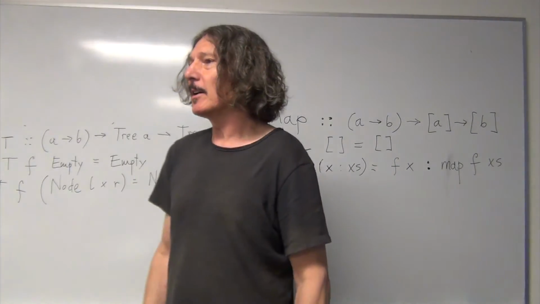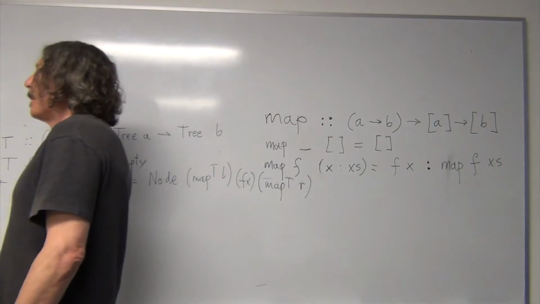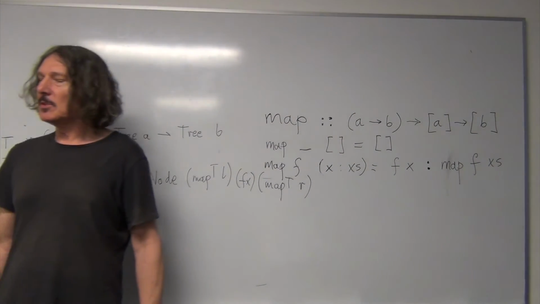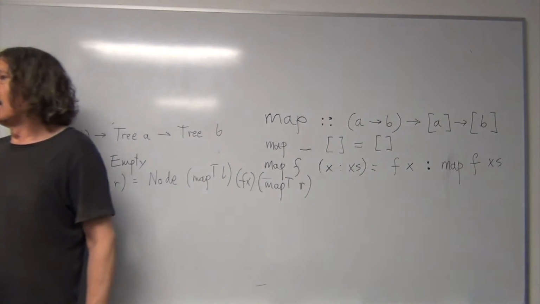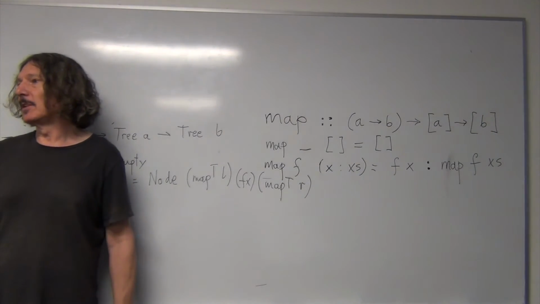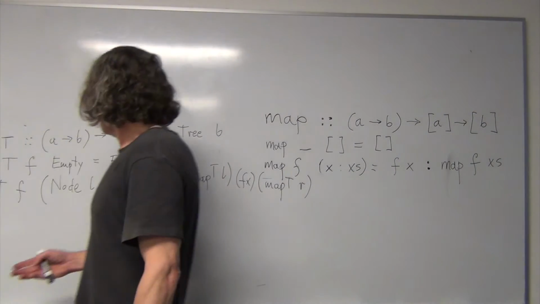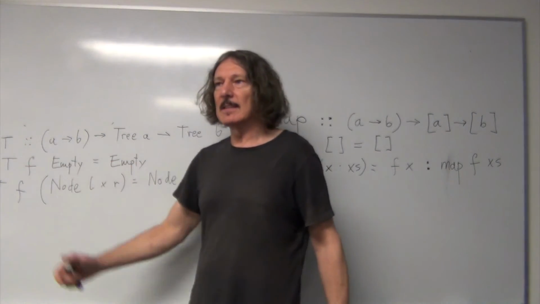And the second part of a functor is that you have to define a way of modifying uniformly the contents of the container, which is exactly what our map and mapT did, okay?